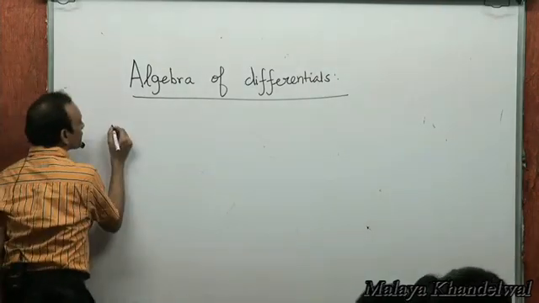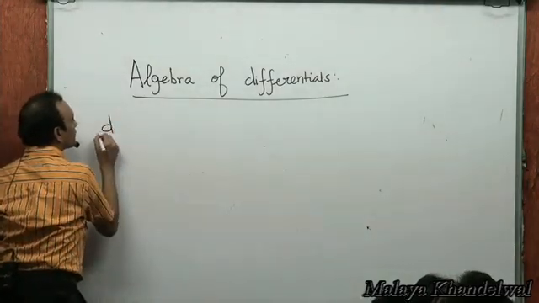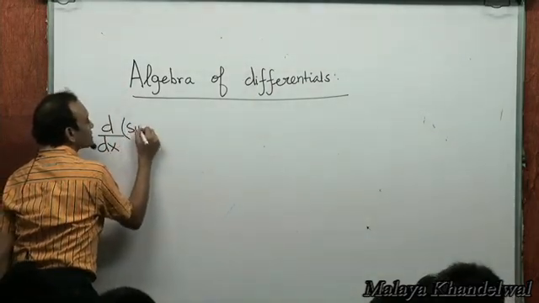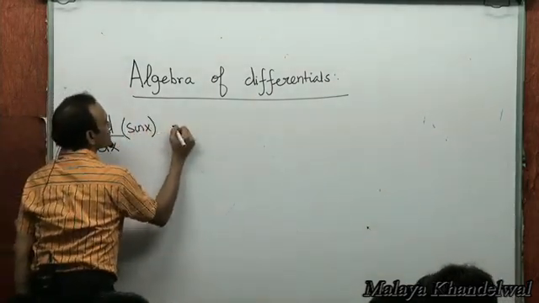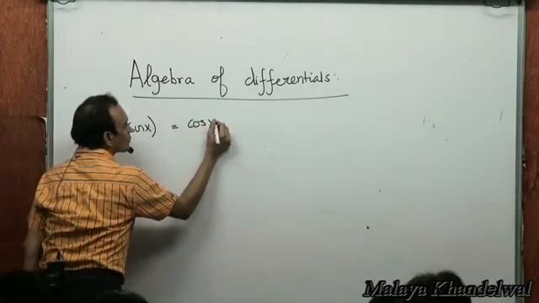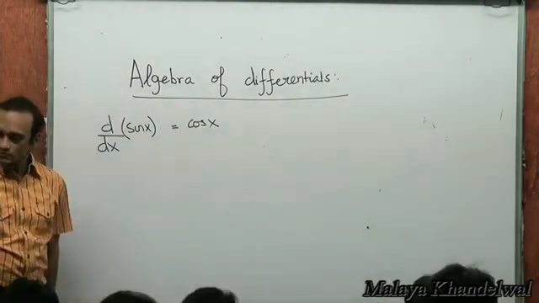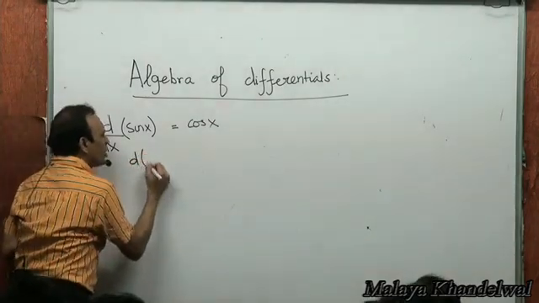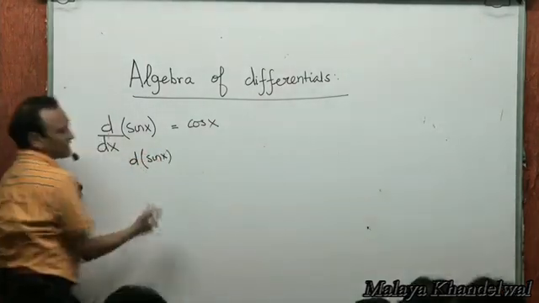For example, if I write d/dx of sin x is cos x, this is like saying d of sin x, that means a small change in sin x.